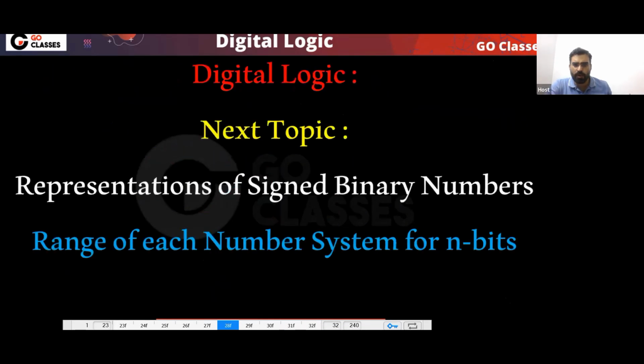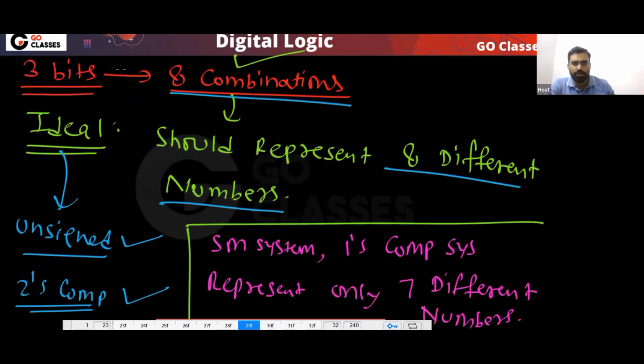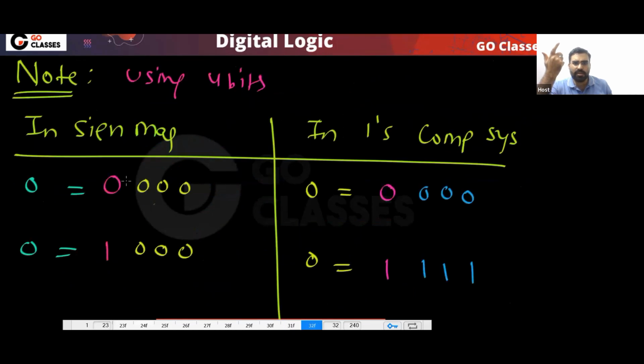Now let's come back to our point. You can notice using 3 bits, there are 8 combinations possible, but the 2's complement and unsigned are representing 8 different numbers. But sign magnitude and 1's complement, these two systems, represent only 7 different numbers. And what is the reason? The reason is that for 0 they have 2 representations.